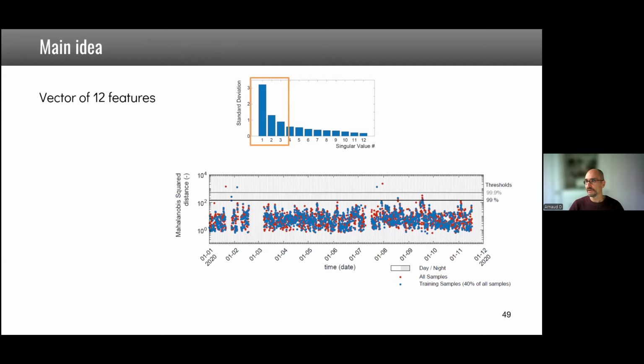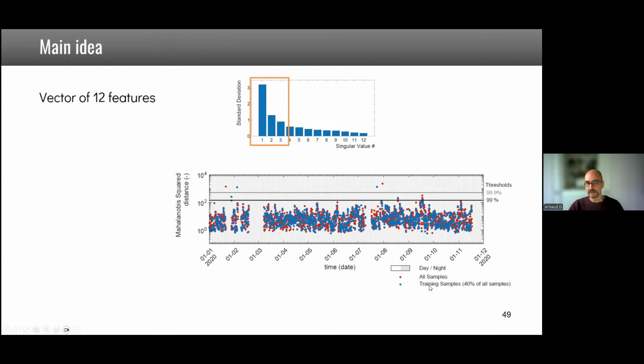So we take the 12 feature vector and we apply the Mahalanobis squared distance. And remember, this Mahalanobis squared distance filters out naturally the environmental effects, okay? In this case, we took training samples, which are a subset of all, but spread throughout the year to have really the variability all over the year.